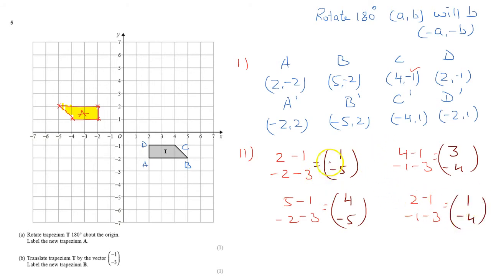So we have these coordinates (1, -5), (4, -5), (3, -4), and (1, -4).